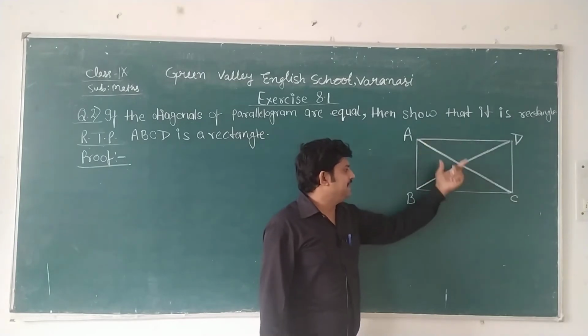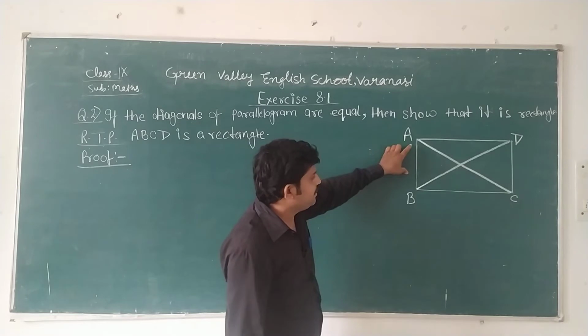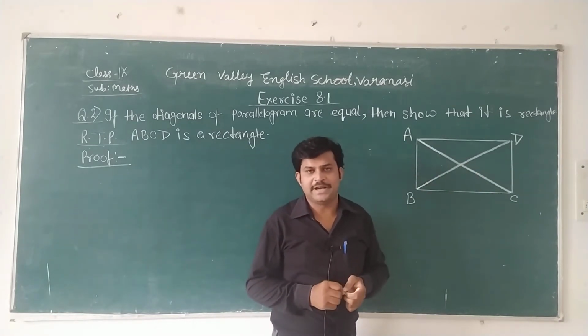It means AD and BC are parallel and equal, and AB and CD are also equal and parallel.